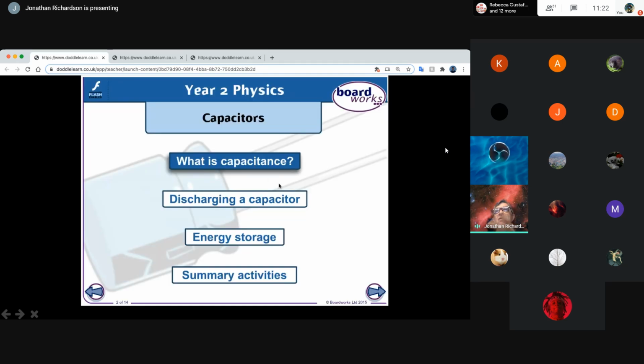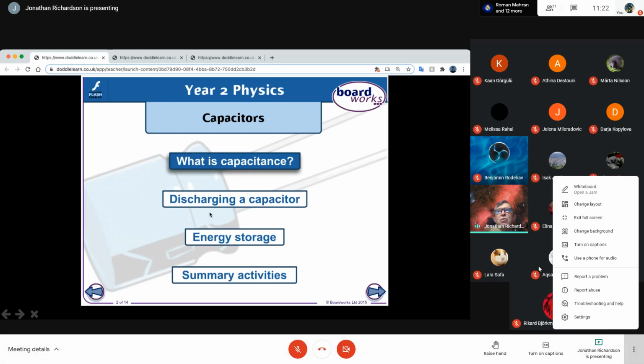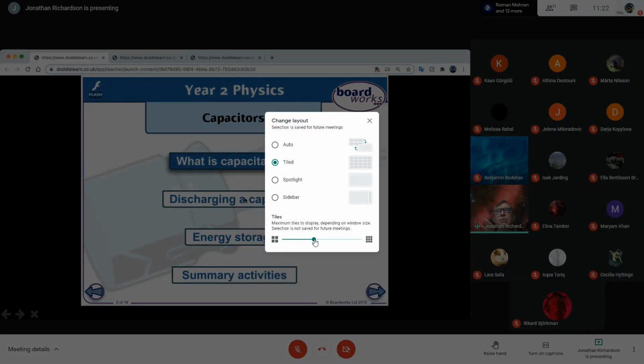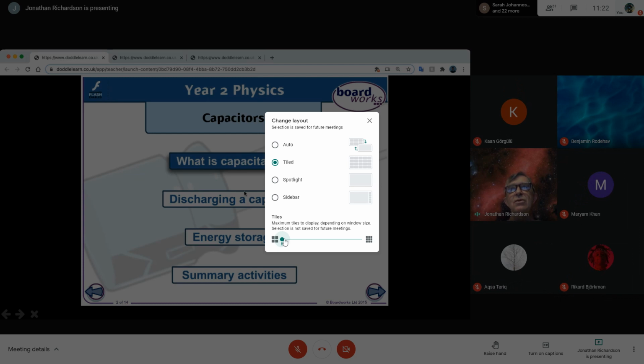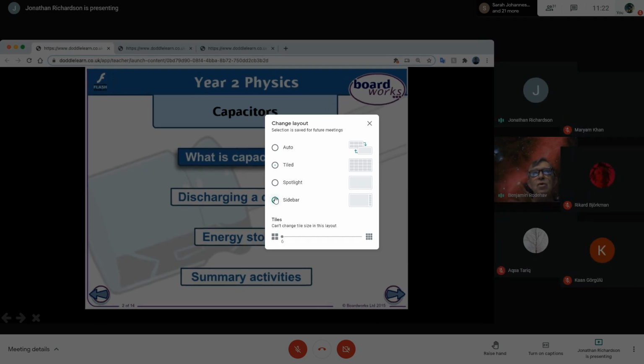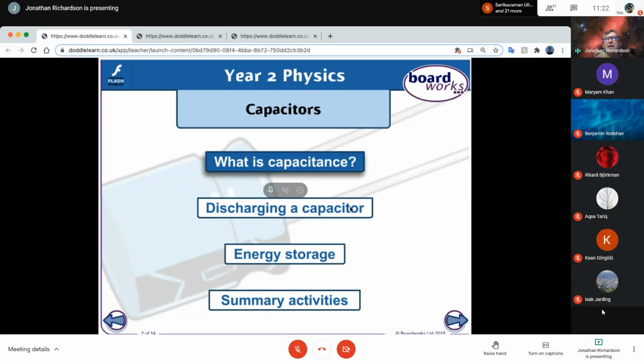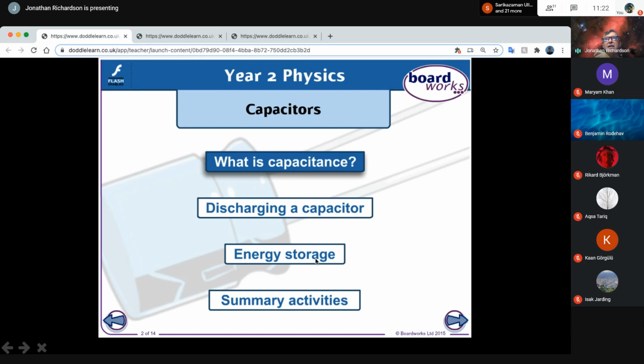So we're going to look at three things. Probably today we'll just get through what is capacitance. We'll go on tomorrow to then talk about how we work with capacitors, how we discharge them, and what the energy stored in a capacitor looks like, though we will mention that slightly during today's lesson.